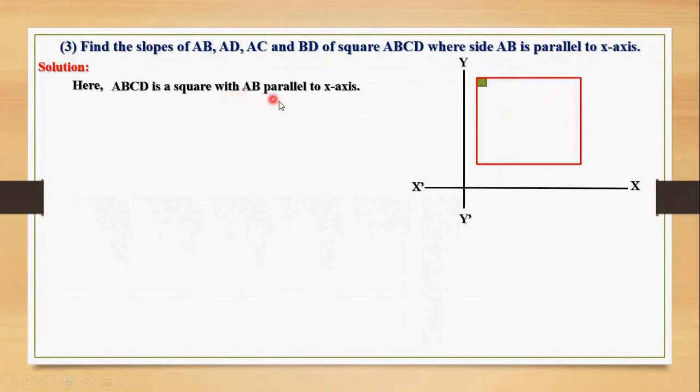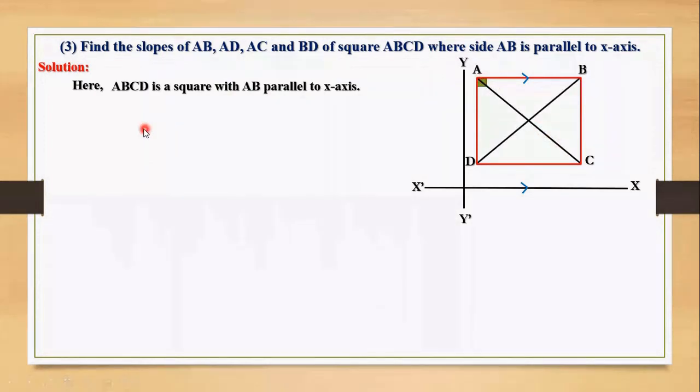AB is parallel to the x-axis, so here it is AB. We have to name the figure in order, so here must be C and here it is D. The question also talks about the diagonals AC and BD, so let's draw the diagonals AC and BD.